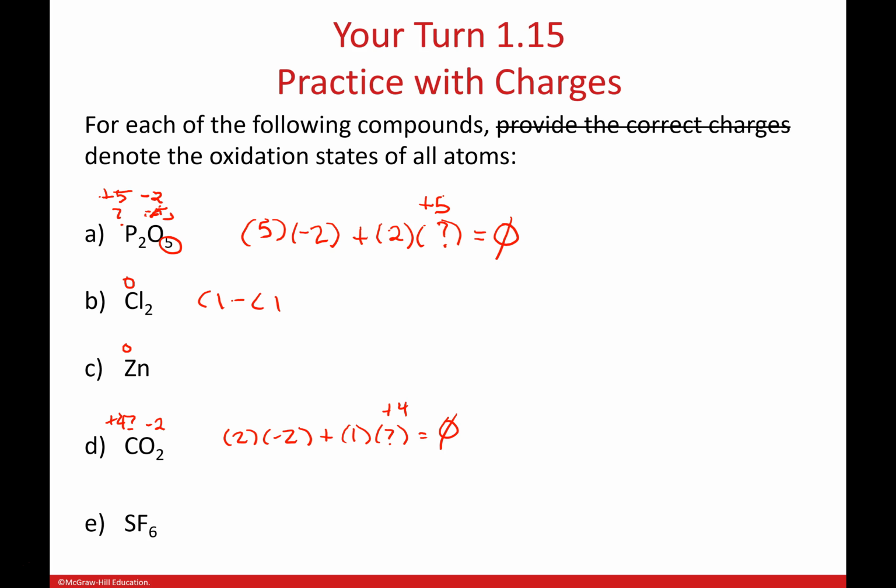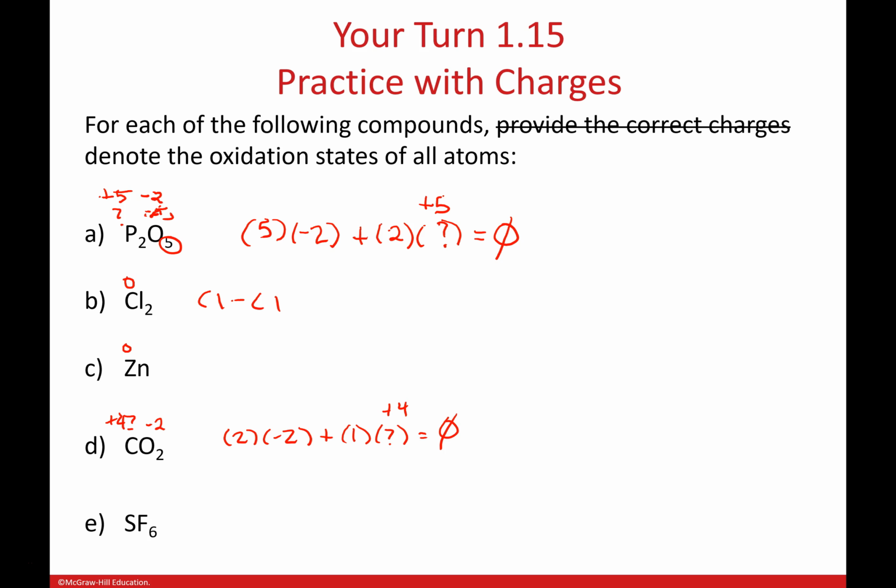SF6. Oh man. Is this an ionic compound? Nope. Because we got sulfur here, fluorine here. I don't have any rule for you there. Well, I wish this one wasn't here. But can you trust me on this one?